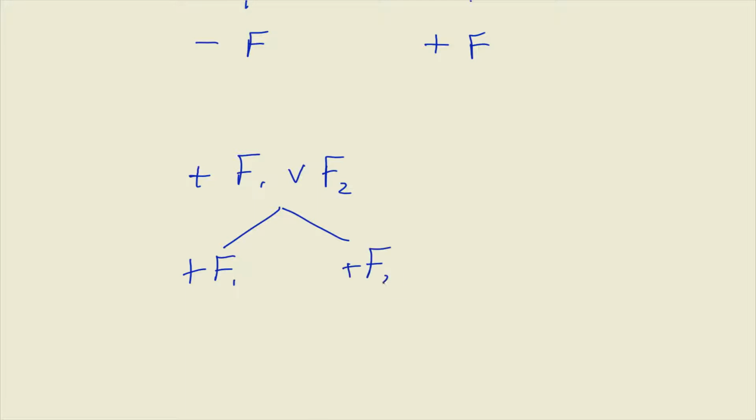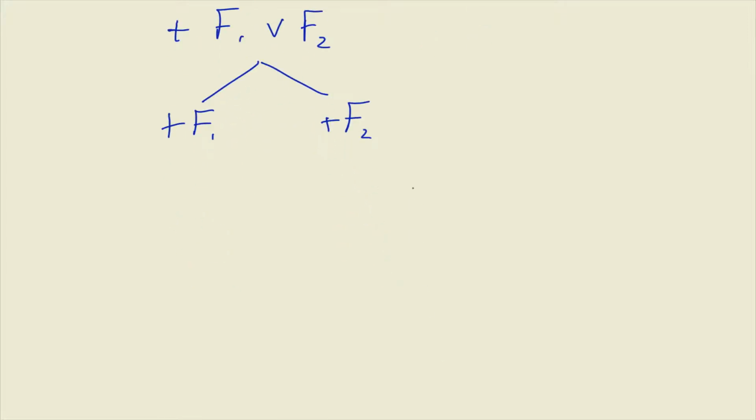This notation is saying that anywhere on this branch, it doesn't have to be right at the leaf, you've got this disjunction. Now at the end of that branch, you fork and create a split in your branch.